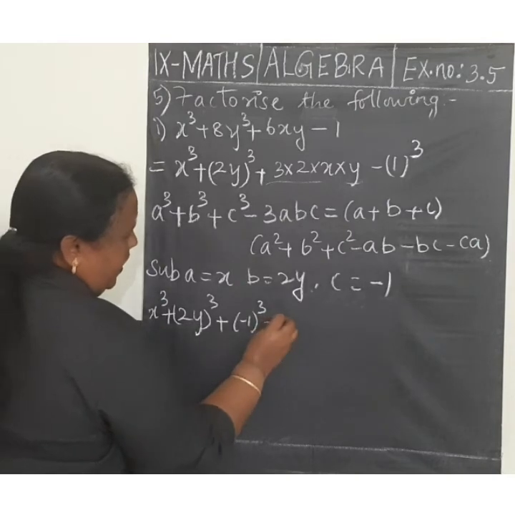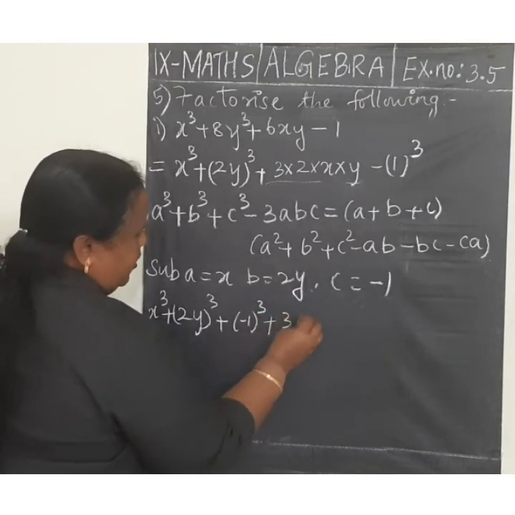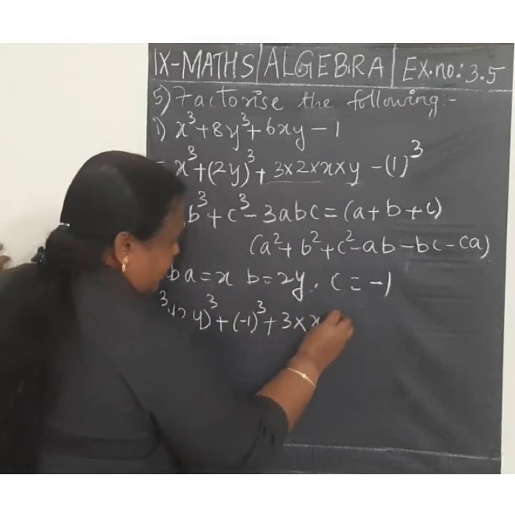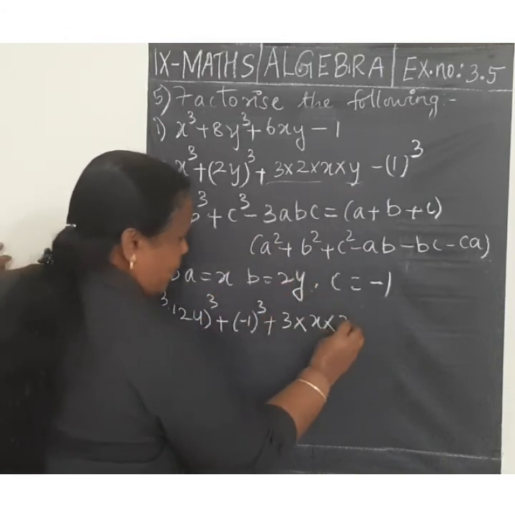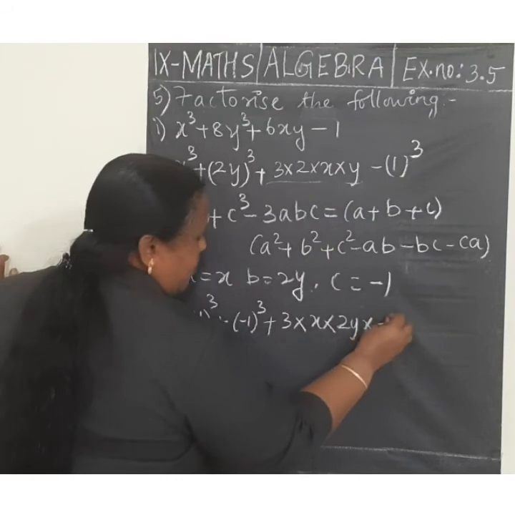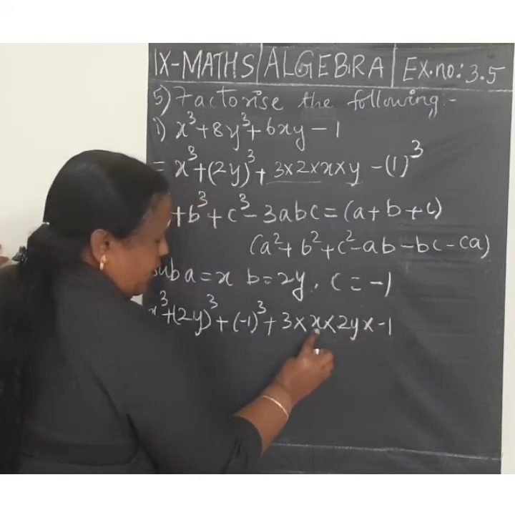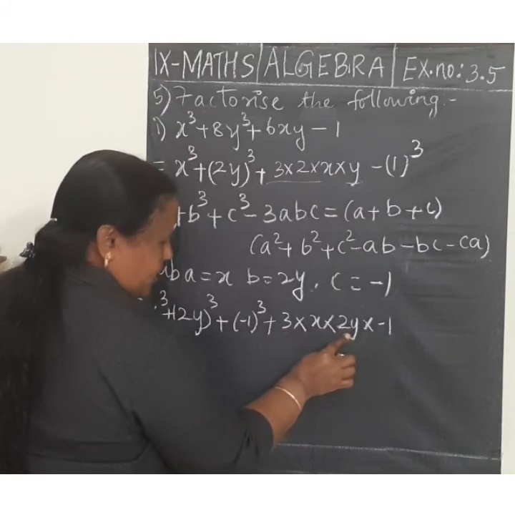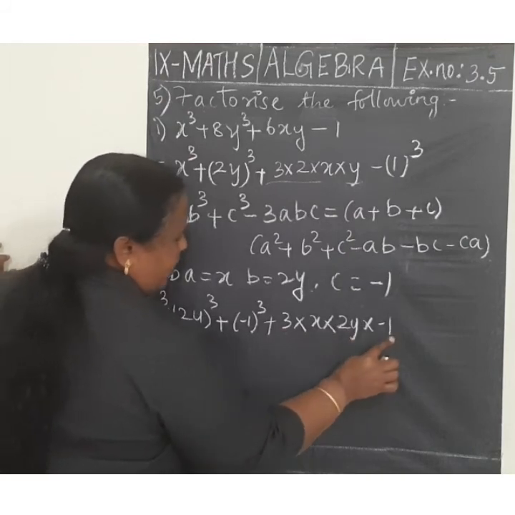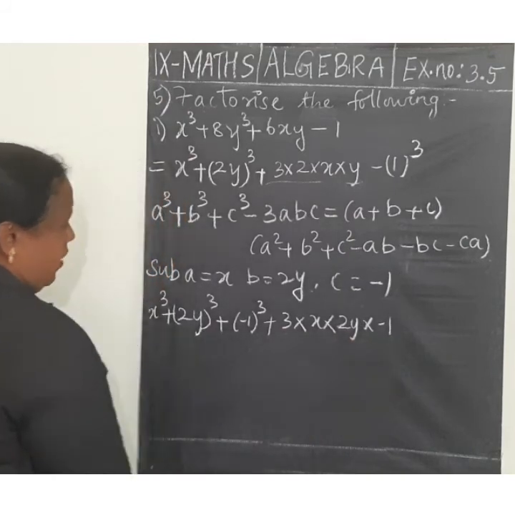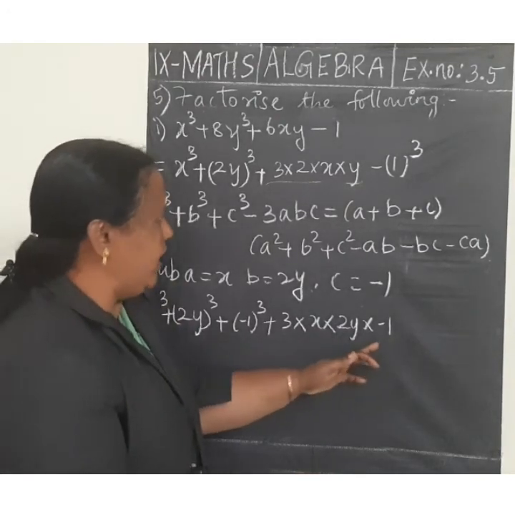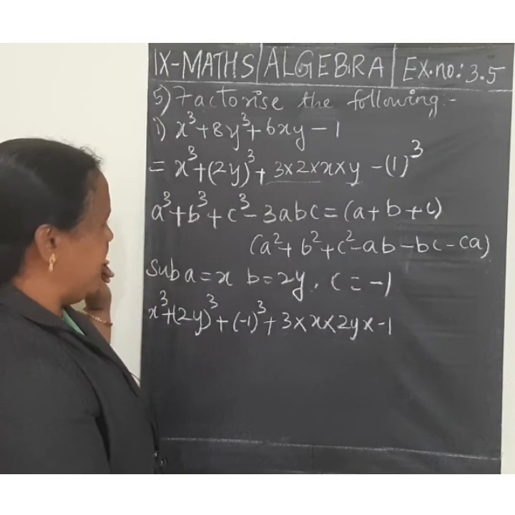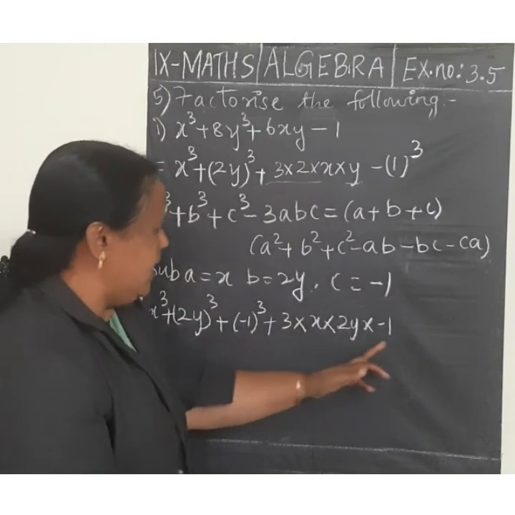So what we get is plus 3 into x, which is our a, into 2y, which is our b, into minus 1, which is c. So 3x into 2y is 6xy, and 6xy into minus 1 gives minus 6xy.